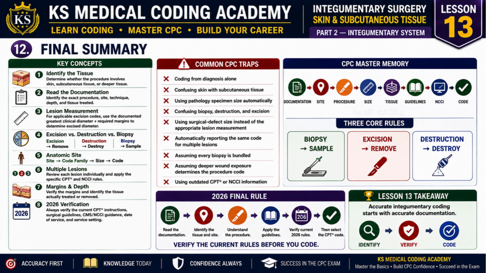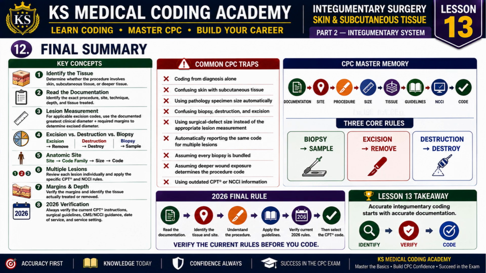Let's finish lesson 13, integumentary surgery, skin and subcutaneous tissue, with a quick review. First, identify the tissue being treated and carefully read the documentation. Next, confirm the anatomic site, procedure performed, measurement, depth, and tissue removed. For applicable lesion excisions, remember that the documented lesion measurement and required margins can determine the excised diameter used for code selection.